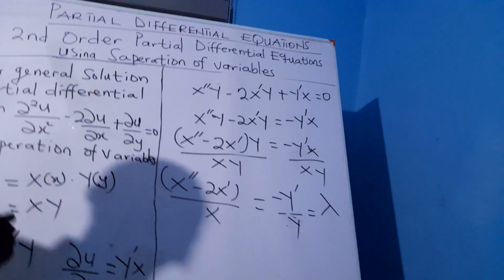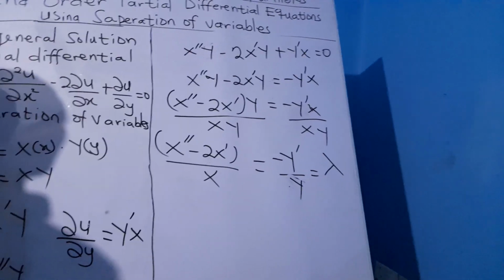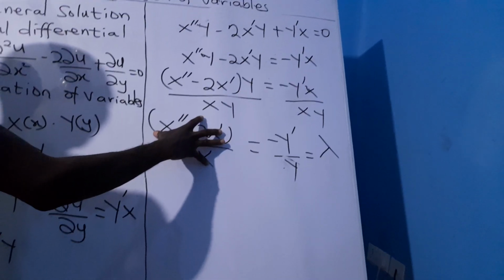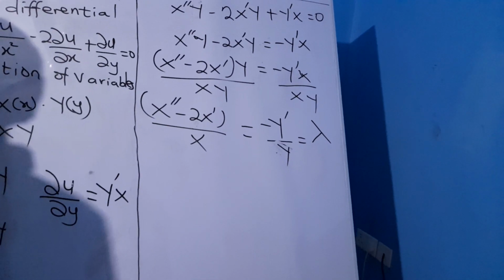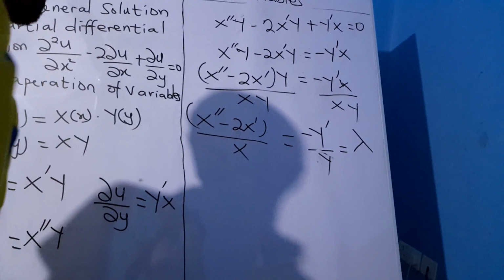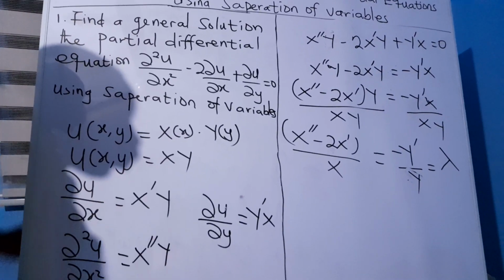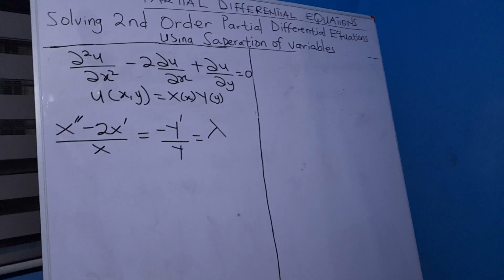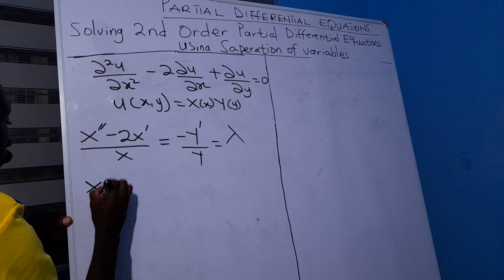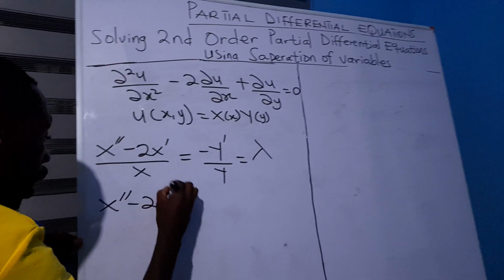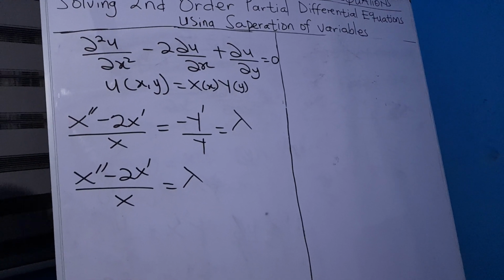Now, how do we do that? We take each of these, equate it to lambda, and solve. We find the function x and the function y, then we substitute into u to get our general solution. So we take each of them, equate it to lambda. We have x prime prime minus 2x prime over x equal to lambda for the first one.